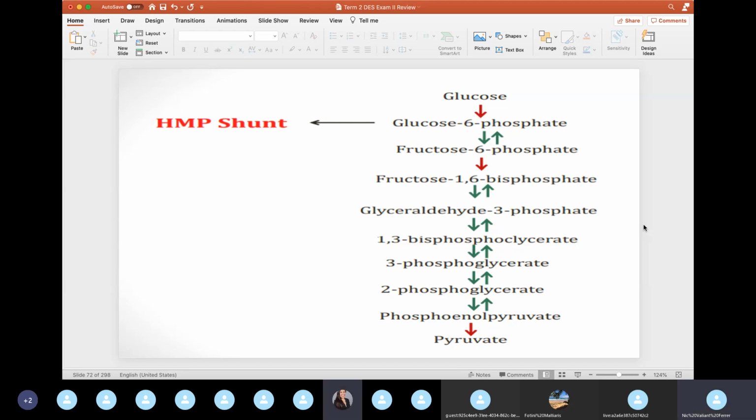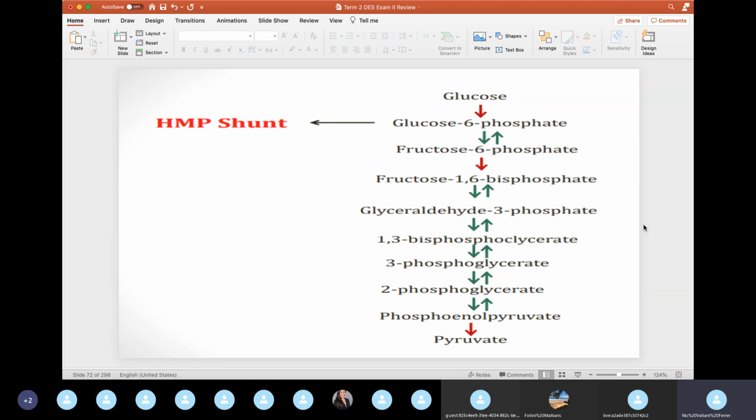With glutathione reduction. So remember, it produces reduced glutathione, right? Via the enzyme glutathione reductase. So you produce reduced glutathione to react with H2O2 to make H2O and oxygen, right? And then you have the glutathione peroxidase to oxidize glutathione back.